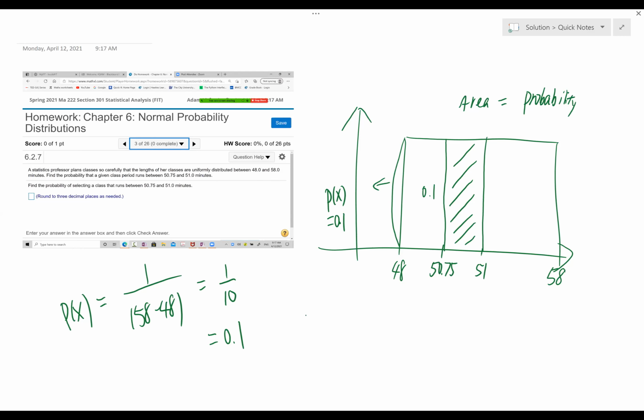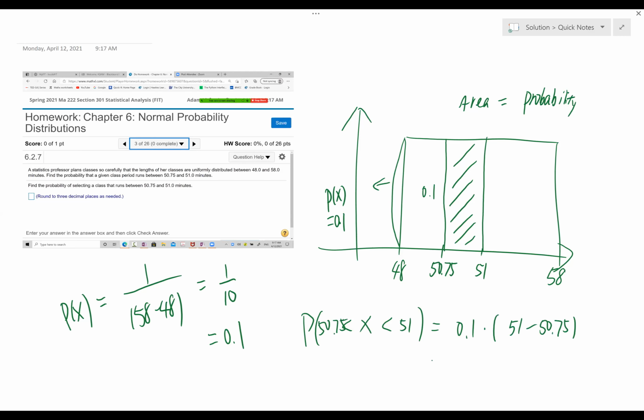So here the total probability for class time runs between 50.75 and 51 minutes should be a height 0.1 times the base, which will be 51 minus 50.75.